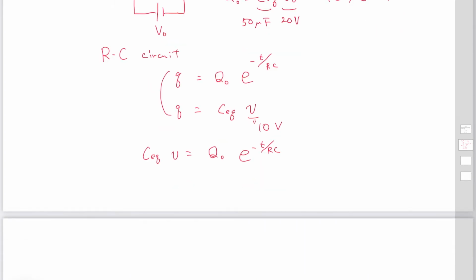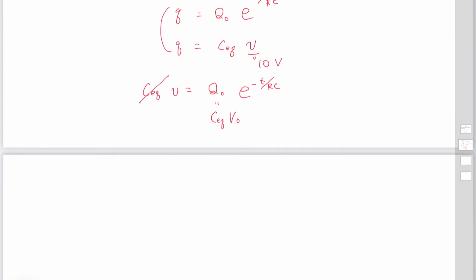Q sub 0 is C sub equivalent V sub 0. C sub equivalent is going to be cancelled out. So v over V sub 0 equals exponential minus t over RC.